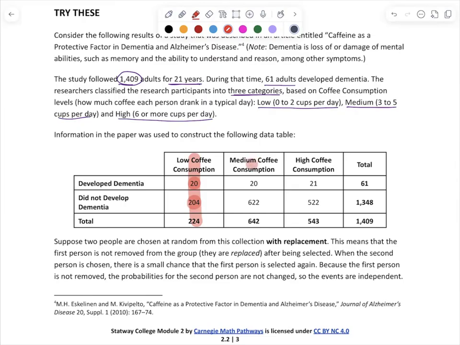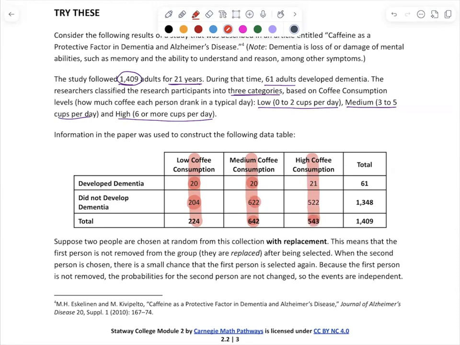The number of folks with medium coffee consumption is 642, sorry. And the number of people who developed dementia is 20. The number of people who didn't develop dementia is 622. And the number of folks with high coffee consumption is 543.